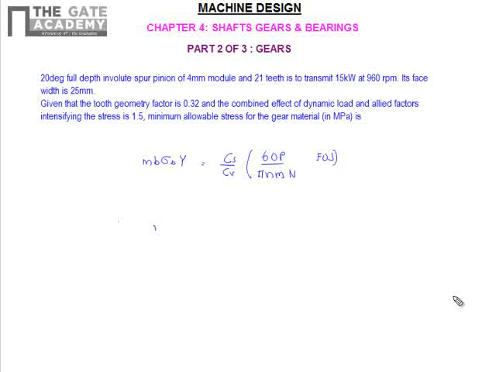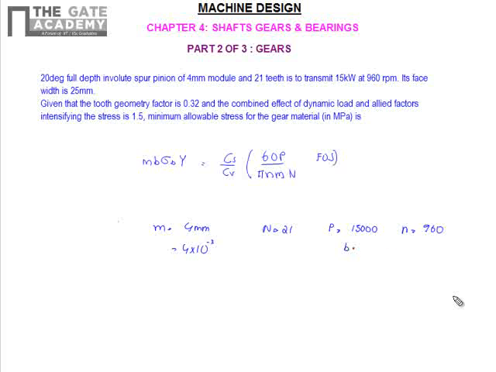The module is 4 mm, that is 4 into 10 power minus 3 meters, and the number of teeth is 21, power transmitted is 15,000 watts, the RPM given by small n is 960.